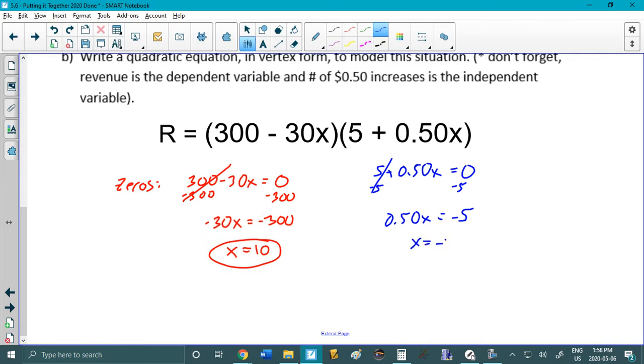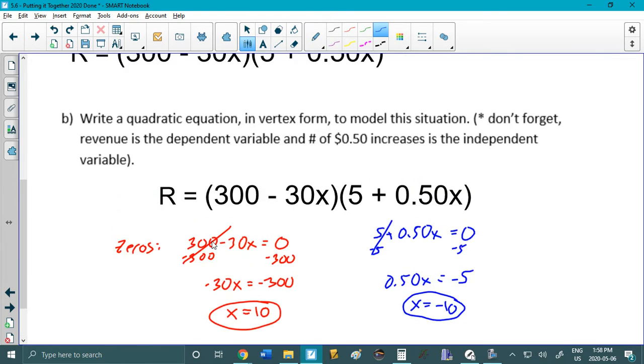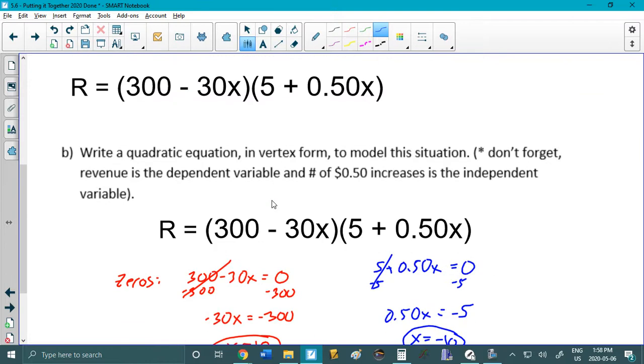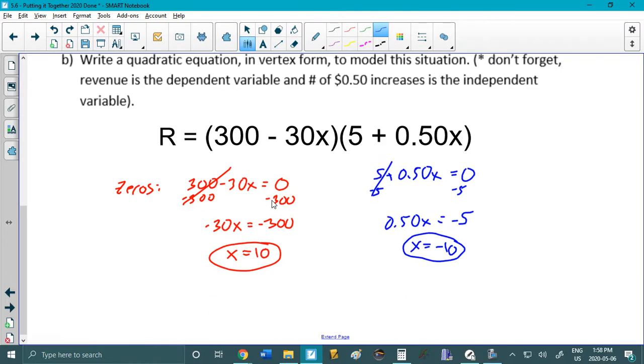Okay. So those are my zeros for this function. So if they charge 10 50-cent increases, that's an extra $5. So if they charge $10, then they make nothing. Presumably no one comes, I guess.